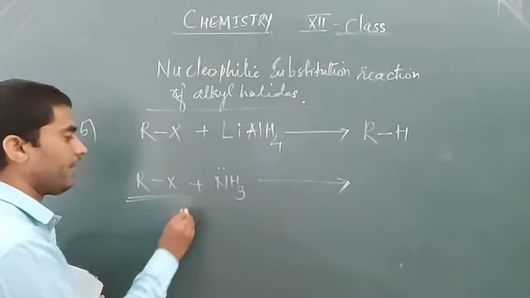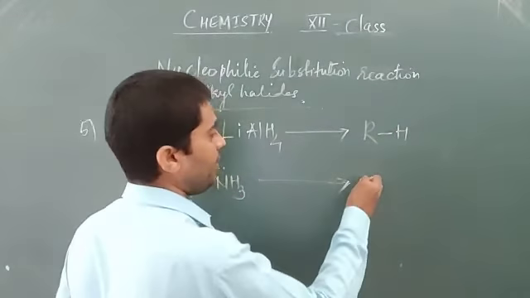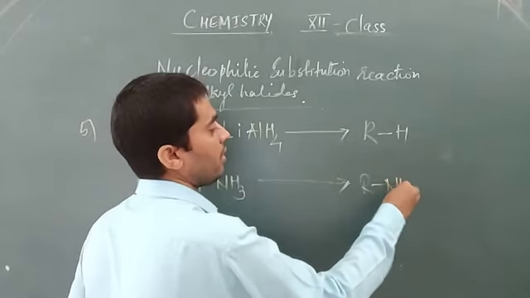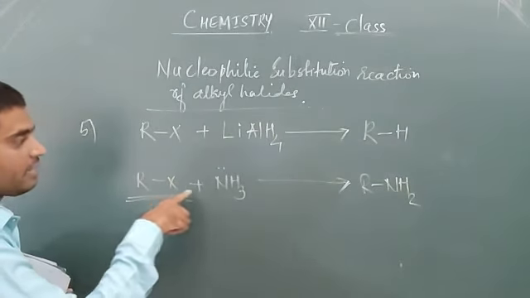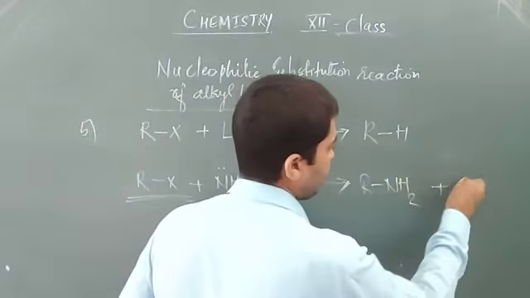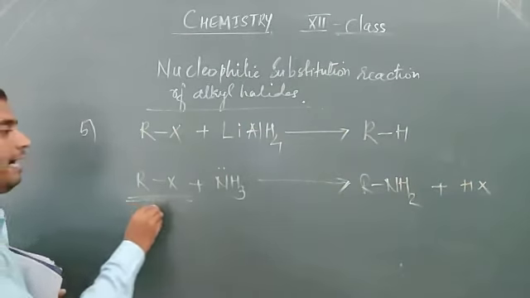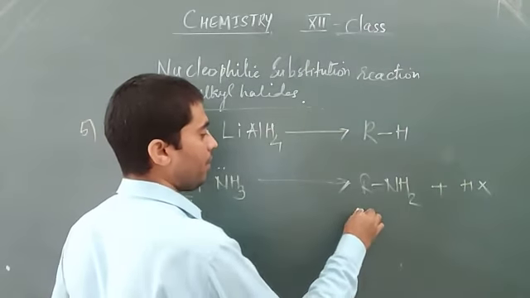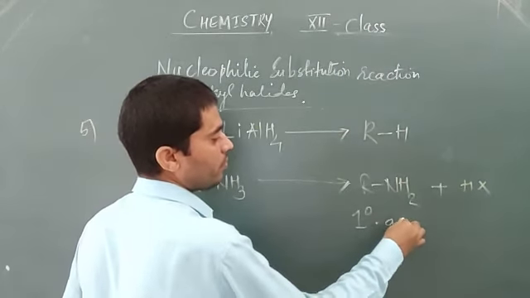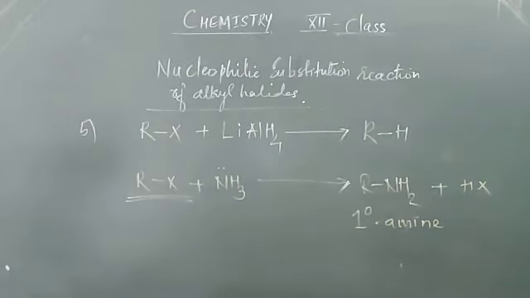Here we have taken the primary halide, that's why we will get primary amine, RNH2, and remaining is what? X and one hydrogen, we will get HX. So from alkyl halide, on reaction with ammonia we can get primary amine, that is alkyl amine.